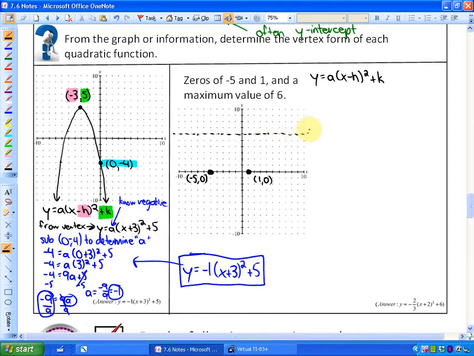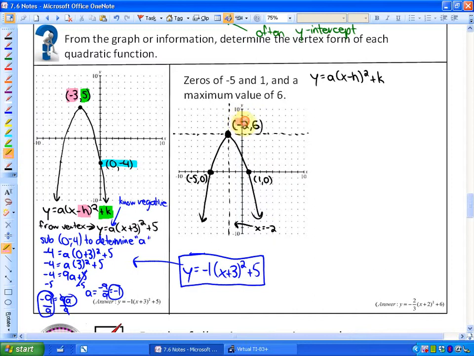And by symmetry, what we know is it falls directly between 1 and negative 5, so this is our axis of symmetry, that would be at x is equal to negative 2. So given the zeros and given symmetry and given the maximum value, we know that your vertex is here based on those facts. So the vertex would be at negative 2 and 6. So at this point we have enough information from the graph to determine the vertex form.